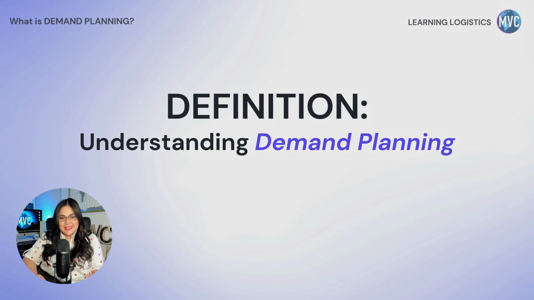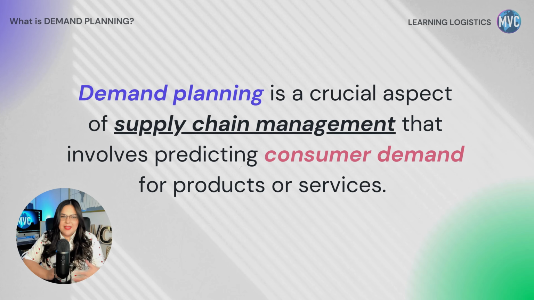So we have to understand what is demand planning. Demand planning really is a very crucial aspect of supply chain management as a whole. It involves predicting consumer demand for the products and services that our business offers.